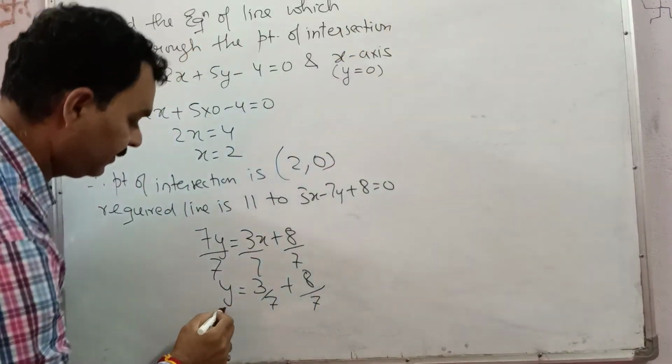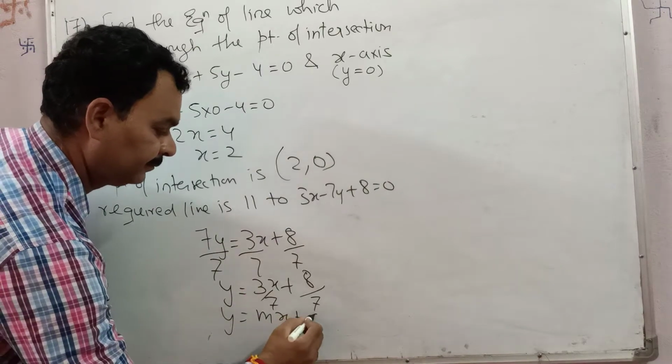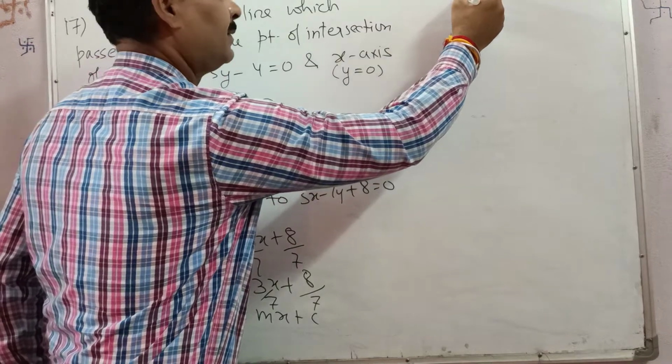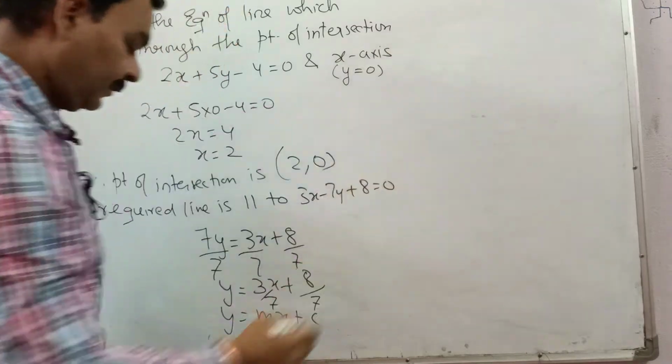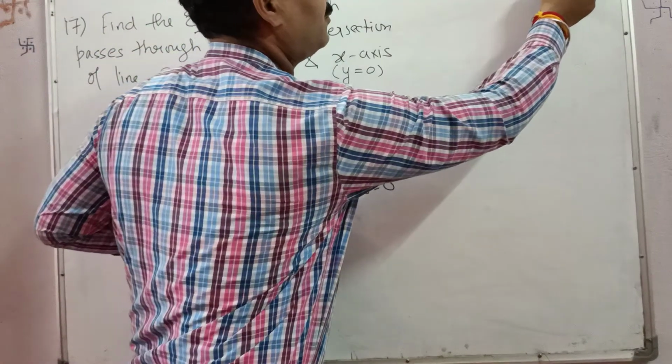Comparing with standard form, y is equal to mx plus c, slope is equal to 3 by 7 and point is (2, 0).